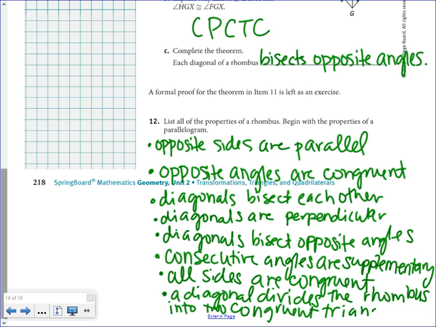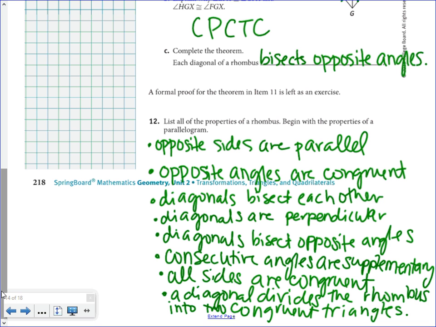Specifically, you could even say that the diagonals divide the rhombus into four congruent triangles if you wanted to take that a step further. So you could word that one that way as well.